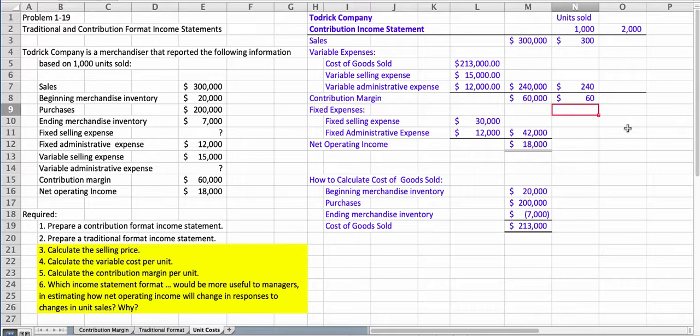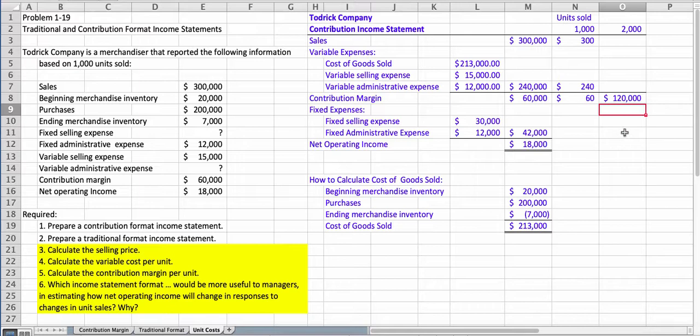And if you think about it, all they're really interested in, once they know the per unit, if that doesn't change and we increase sales, we double sales. So we go from 1,000 to 2,000. That's an increase of 1,000 units.